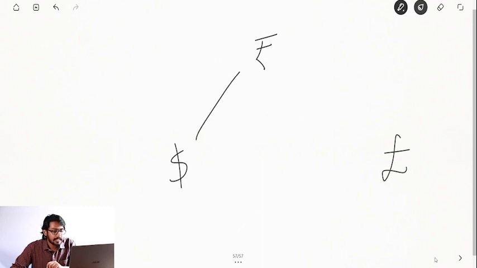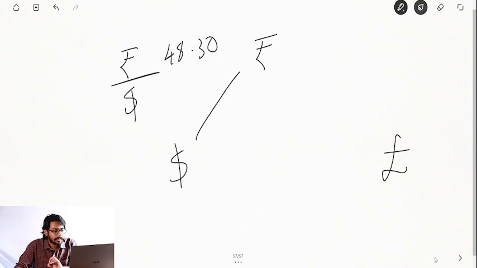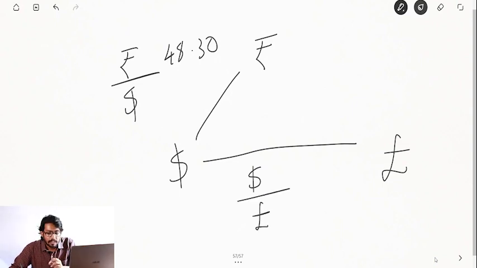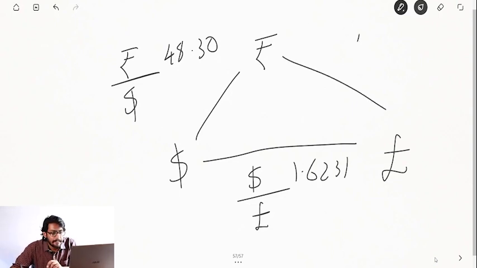The currency rates are rupee by dollar, given in the question, 48.30. You are also given in the question dollar by pound, 1.6231, and you are also given rupee by pound is 77.52.